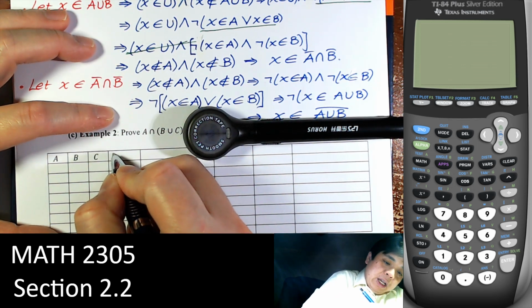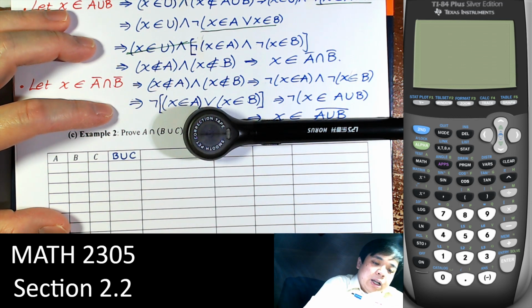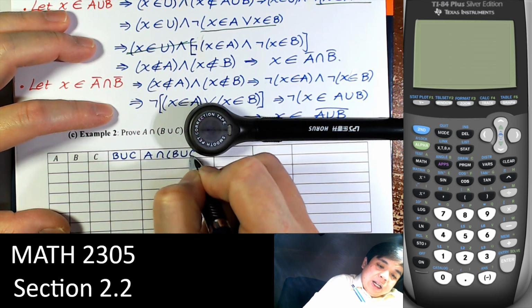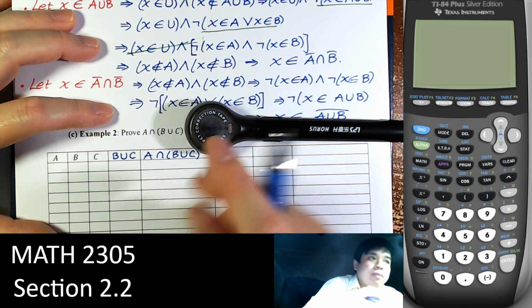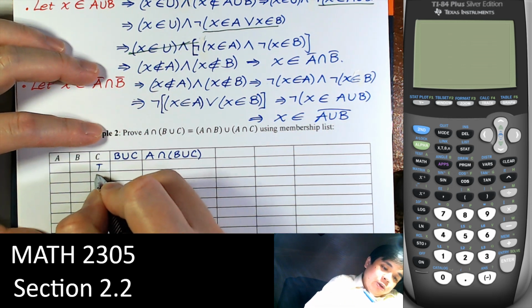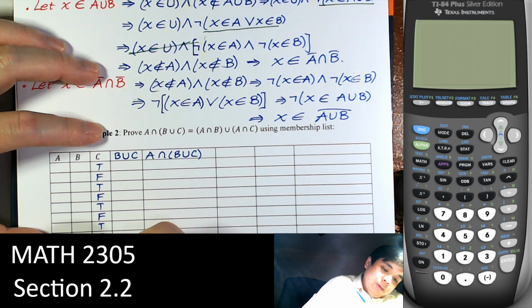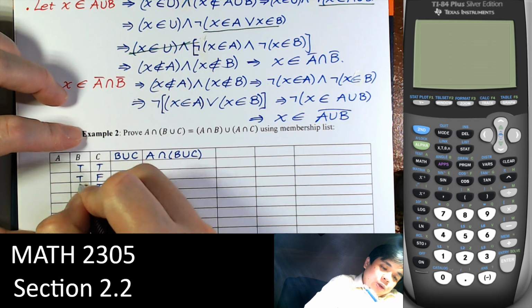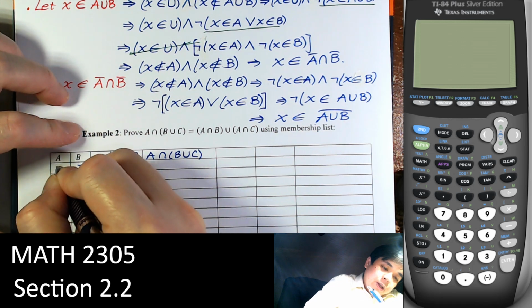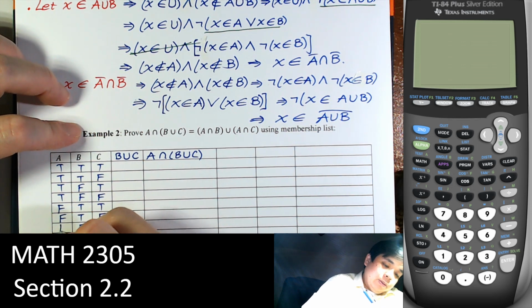First A, and then we do A intersection with B union C. Now this is just like a true-false table, so we're just going to make a true-false table.